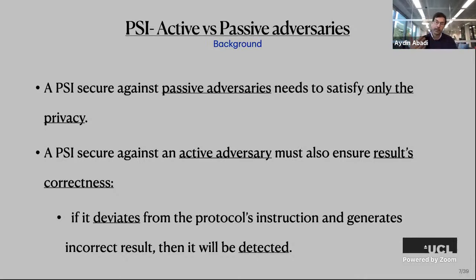It does everything to affect the correctness of the results, and it tries to learn more information than an honest party would learn. Whereas a passive adversary does nothing. It doesn't deviate from the protocol. It follows the protocol, but it observes and tries to learn information.